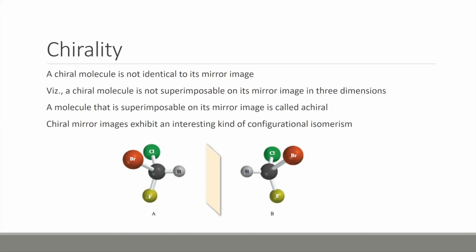Now, a molecule that is superimposable on its mirror image, we call achiral. Chiral mirror images exhibit an interesting kind of configurational isomerism. So this is, again, an isomerism where we're looking at the arrangement of the molecule in space.